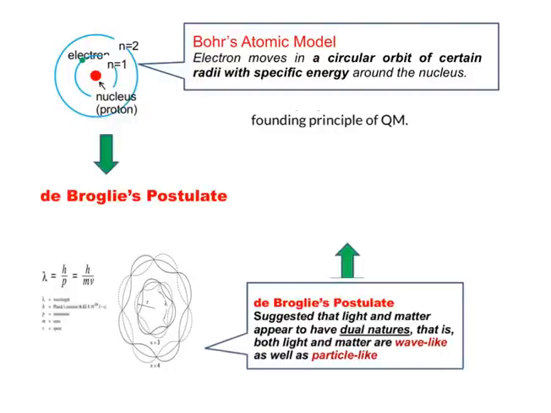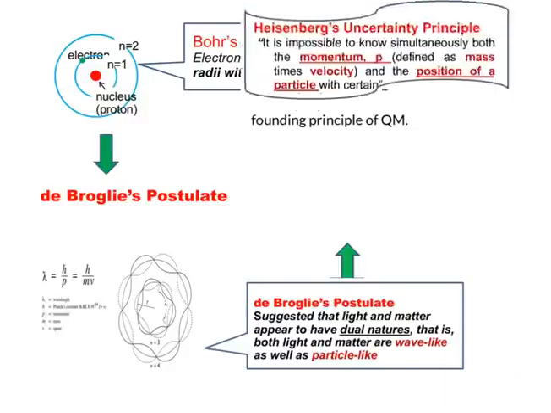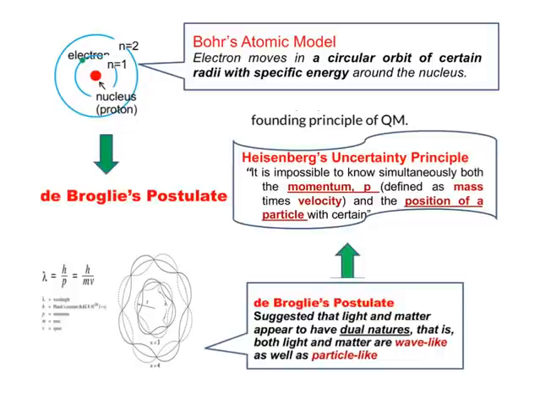In 1927, Heisenberg made another major contribution to quantum physics. He reasoned that since matter acts as waves, some properties of electrons, such as position and speed, have a limit to how precisely each can be known.